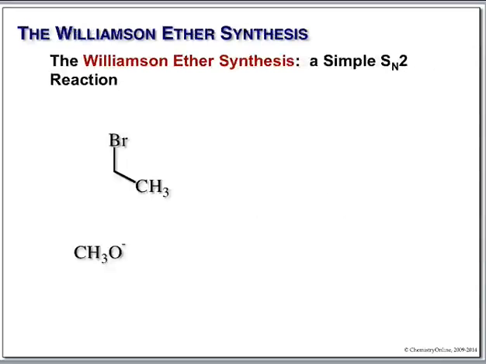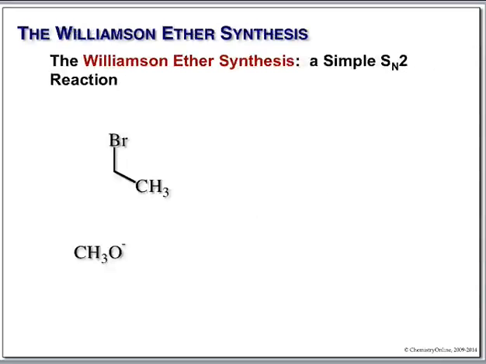All right. The simplest way to make an ether in the laboratory is a reaction that's known as the Williamson ether synthesis. Now, if you take a standardized exam of some sort, you'll probably see this reaction listed by name. So Williamson really did well for himself, but it's a very, very simple reaction.